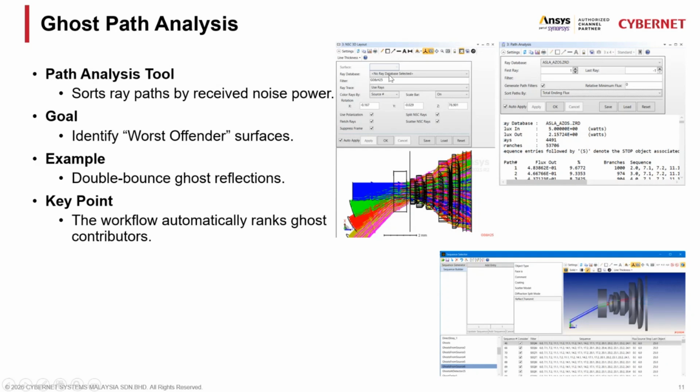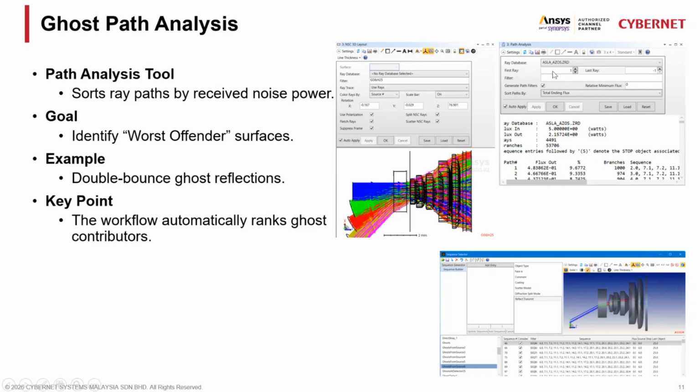You can see that after you get the ray database, you can apply the filter to see the ghosts until they hit the final element, where 25 is the last surface of the lens. After that, you can filter the ray source, and you also need to check the checkboxes like use polarization, split NSC rays, and scatter NSC rays to see the ray path.